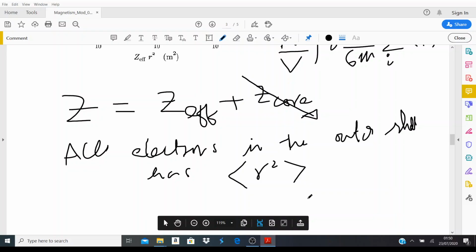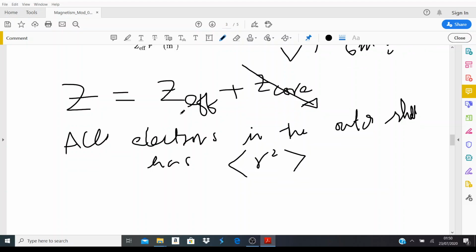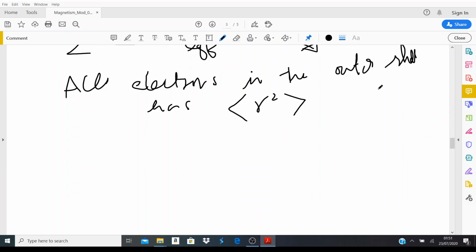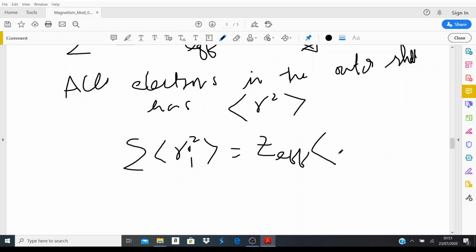So if you have Z effective number of electrons in your atom in the outermost shell, and you're summing over all the electrons here, then in our model we can think that the sum of the size of all the electrons in the outermost shell is as though this quantity.